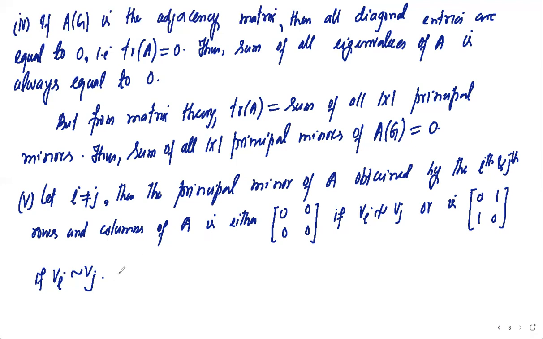Now the determinant of the matrix 0, 1, 1, 0 is equal to minus 1.